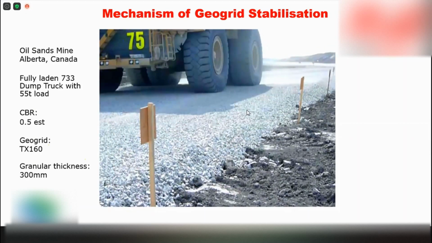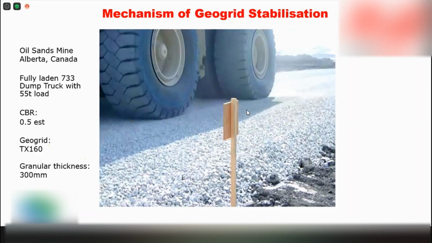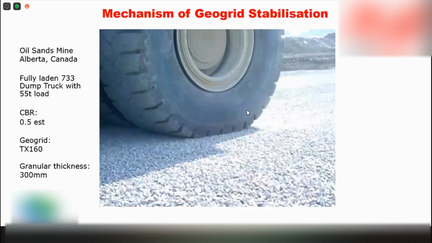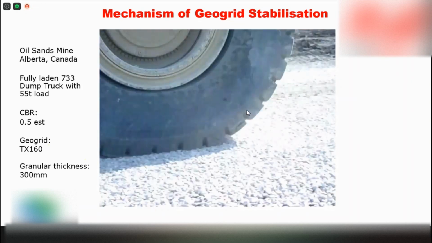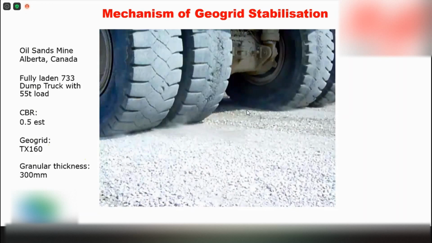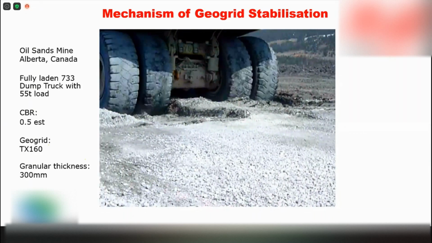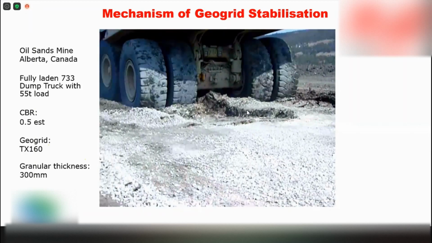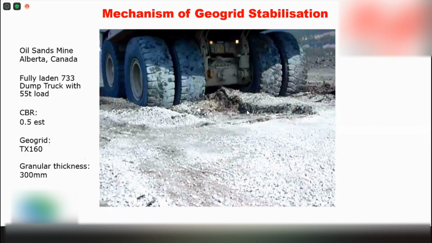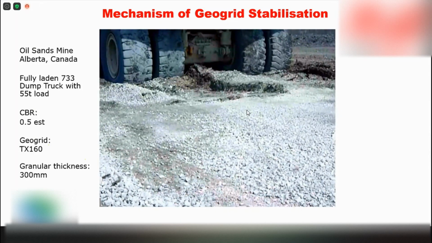So now it's running on a pavement that's already been stabilized by TX 160. You can hardly see any settlement at all, with just 300 mm thick of granular material and the TX 160. And then, this is the part that is not reinforced with the tensile geogrid, but has the same thickness of granular material, and the ground is totally not able to take it.